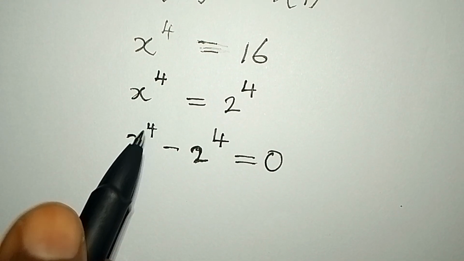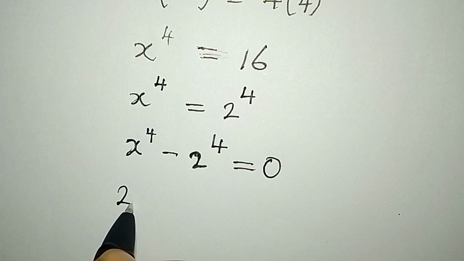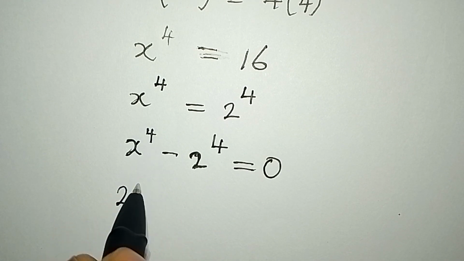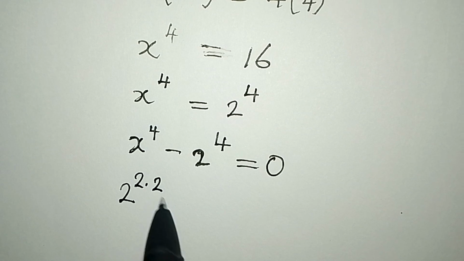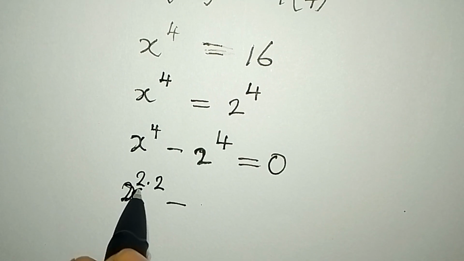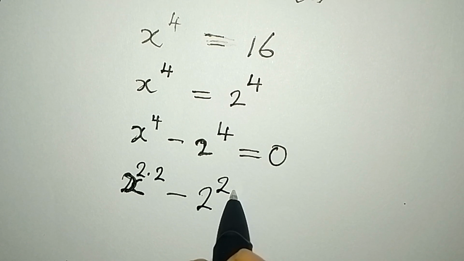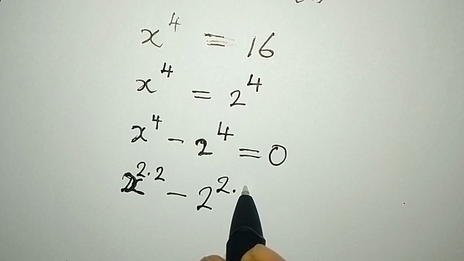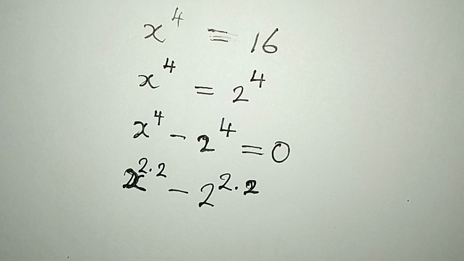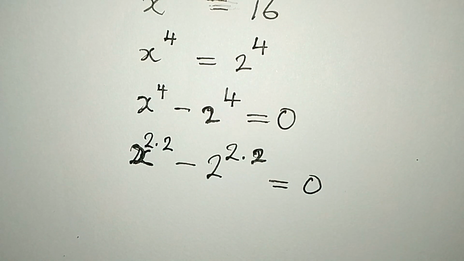Okay, and I want us to break this power again. By the way, 4 here is 2 times 2. Then minus, this is supposed to be x, then we have 2 to the power of 2 times 2, and this is equal to 0.